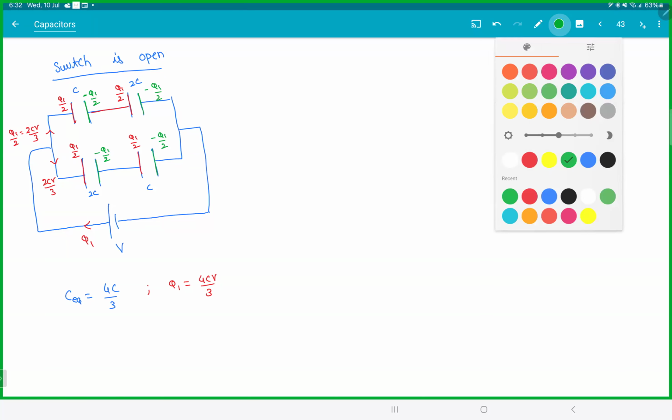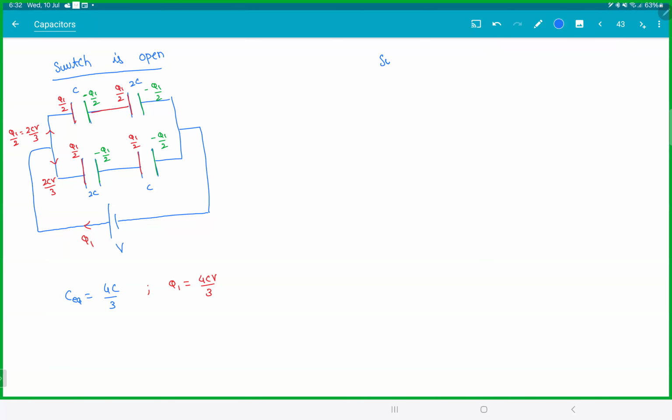Now, when the switch is closed, the circuit will suddenly transform.